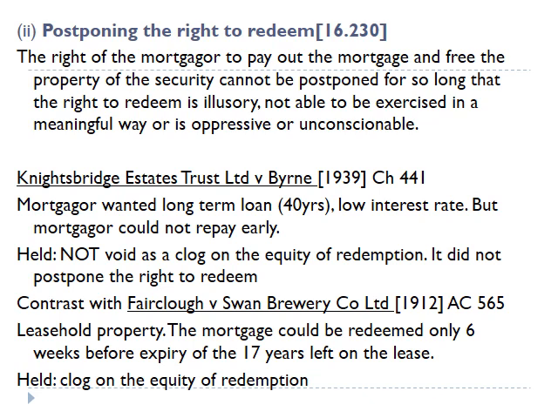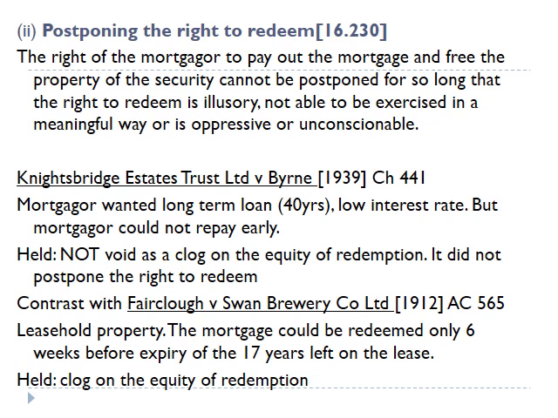The thing I would say about Knightsbridge Estates Trust and Burn is that in 1939, a long-term loan of 40 years at low interest may well not have been held to be a postponement on the right to redeem, which would be struck down.